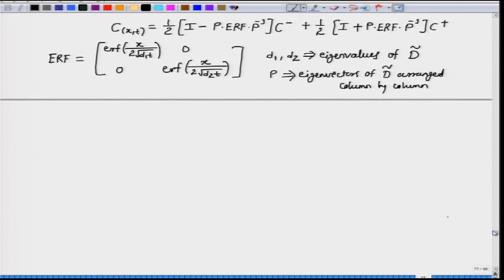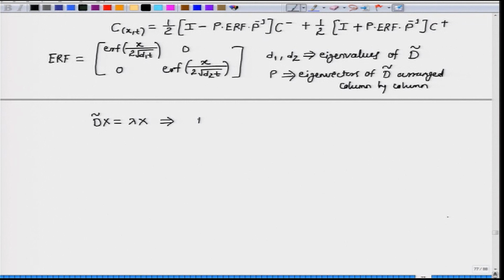So, to evaluate the eigenvalues and eigenvectors of d tilde, we write the typical equation d tilde times x is equal to lambda times x.